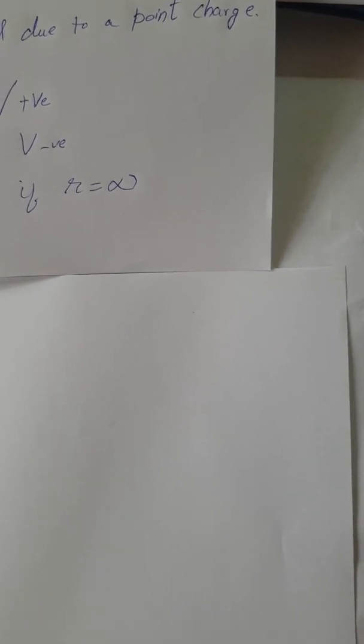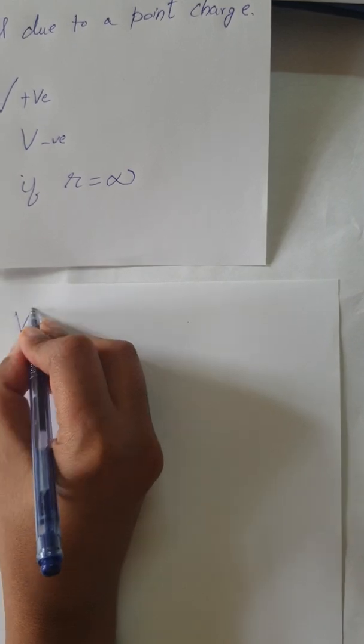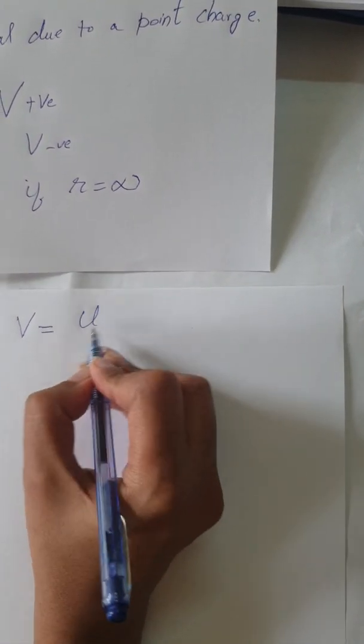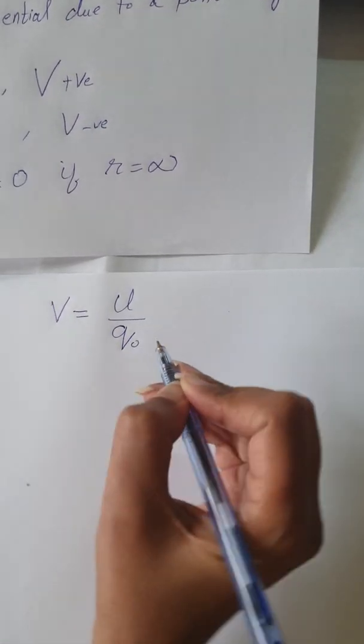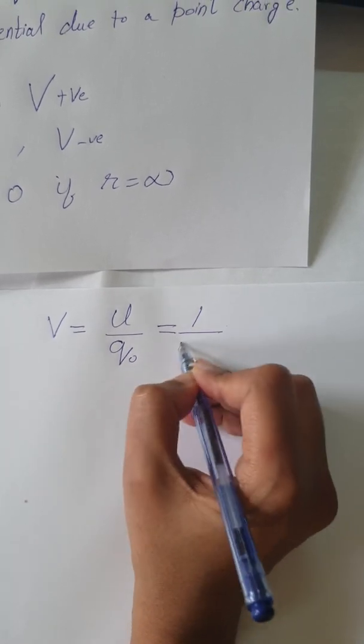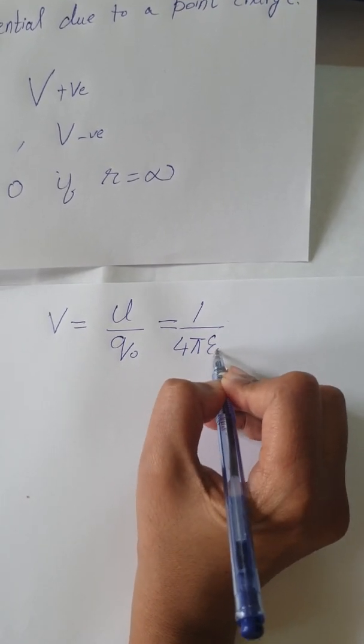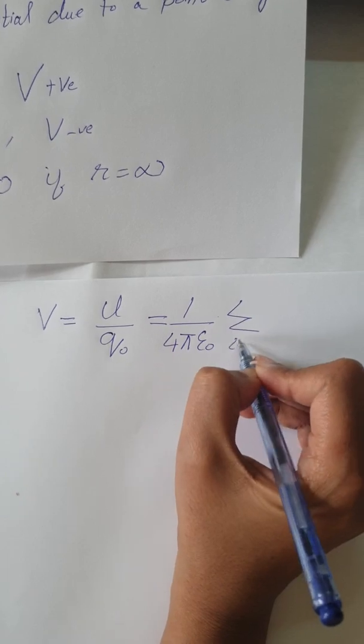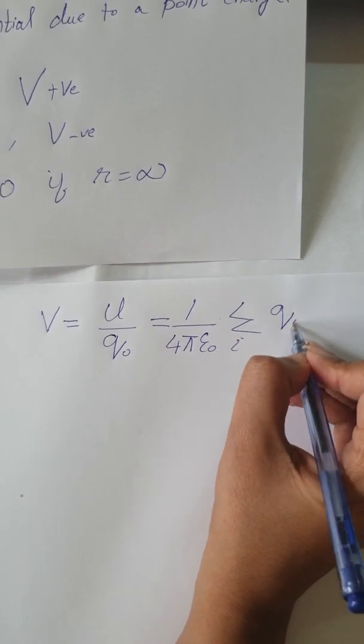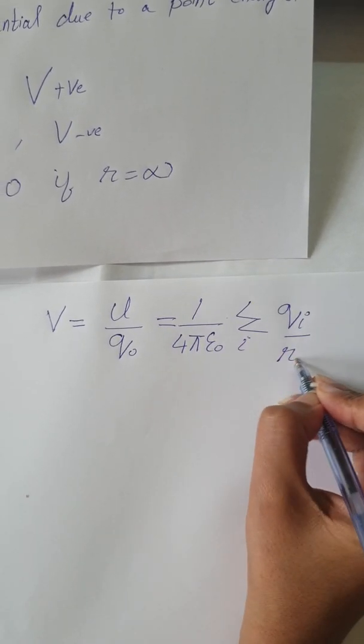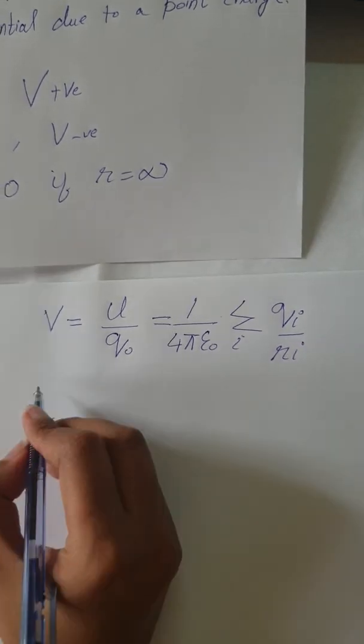Similarly, the potential due to a collection of point charges would be the sum of Qi over Ri.